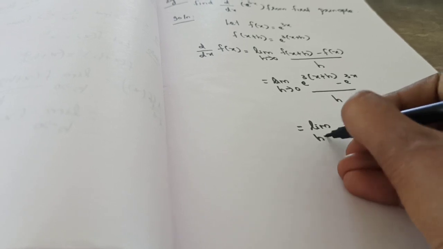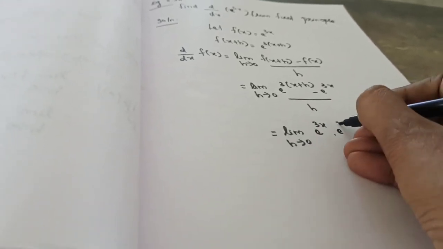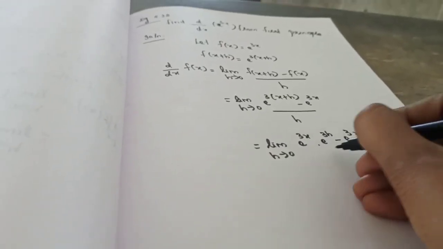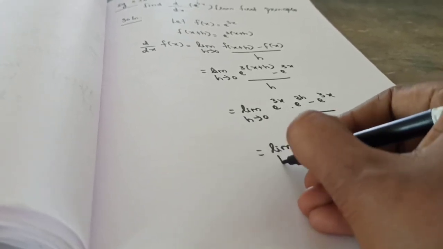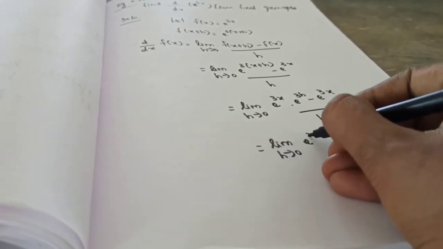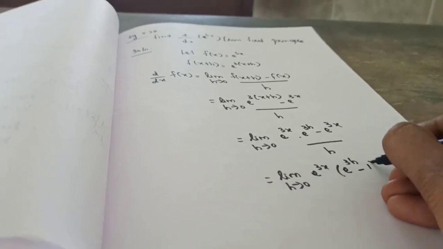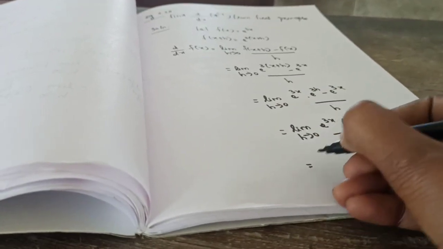Okay, so what will you do next? Limit h tends to 0 e power 3x into e power 3h, correct? We will split it, minus e power 3x divided by h. What is common here? Limit h tends to 0, e power 3x you can take outside. So e power 3h minus 1 divided by h. Now e power 3x is there, is it right?